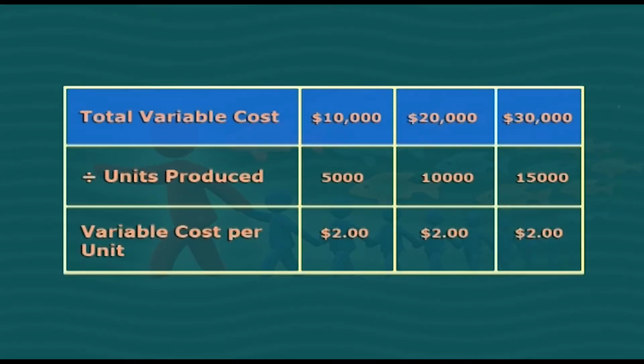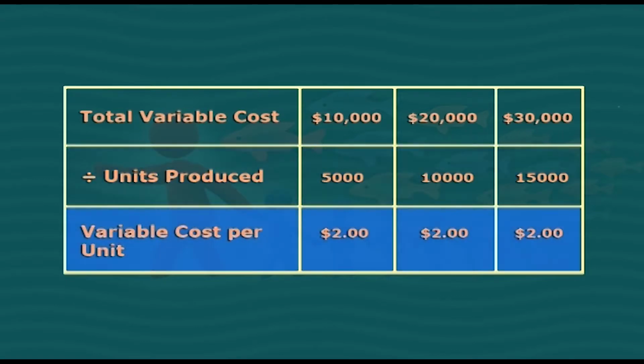For example, the table shows here the total variable cost, that is 10,000, 20,000 and 30,000, which varies with the units produced. The units produced, if you look into the figures, are 5,000, 10,000 and 15,000 respectively.